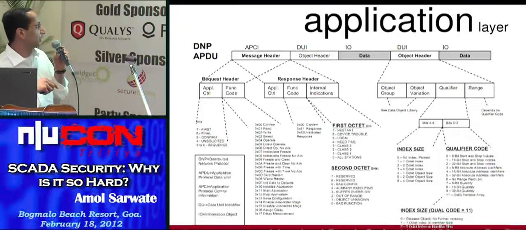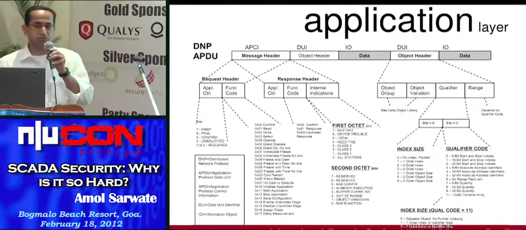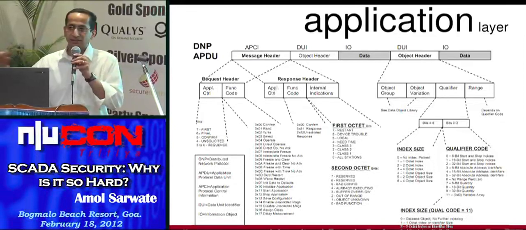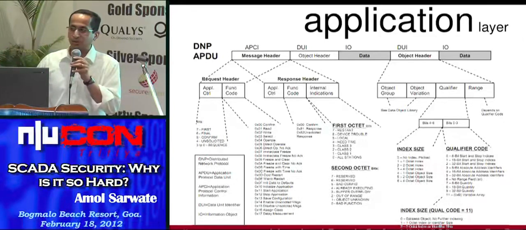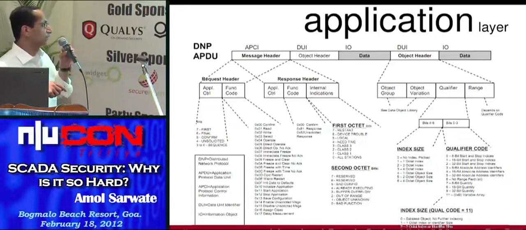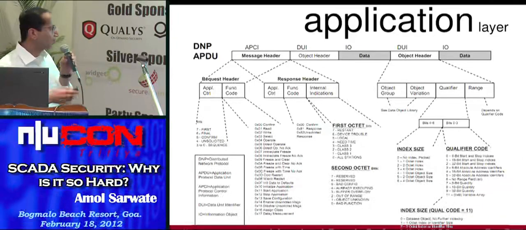In the request header, you have function codes which say read, write, select. It is theoretically doing the same thing, which is getting alerts, getting information about temperature, pressure, things like that. And then there is the response header with, again, application codes, internal indications, things like that.